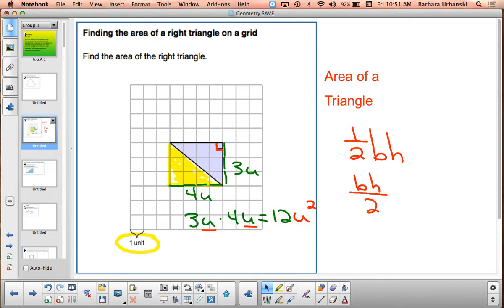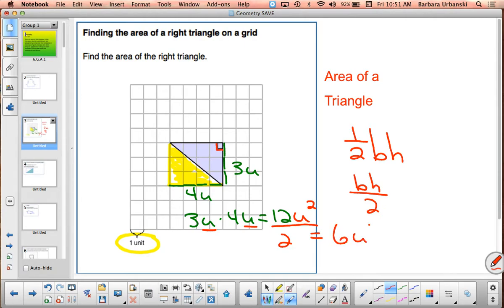So we would get 12 units squared for the area of the entire shape. However, since we're only looking for the triangle, we would be cutting that in half. And so 12 units squared divided by 2 would end up giving us 6 units squared, which would be the same thing as using our formula. But on grid paper, you have more of a visual.